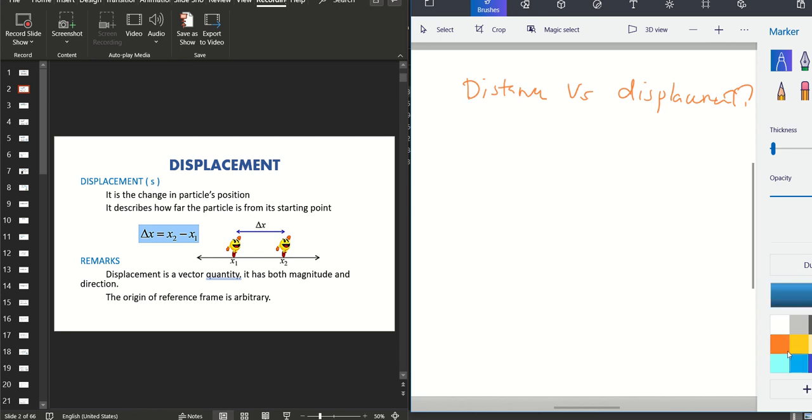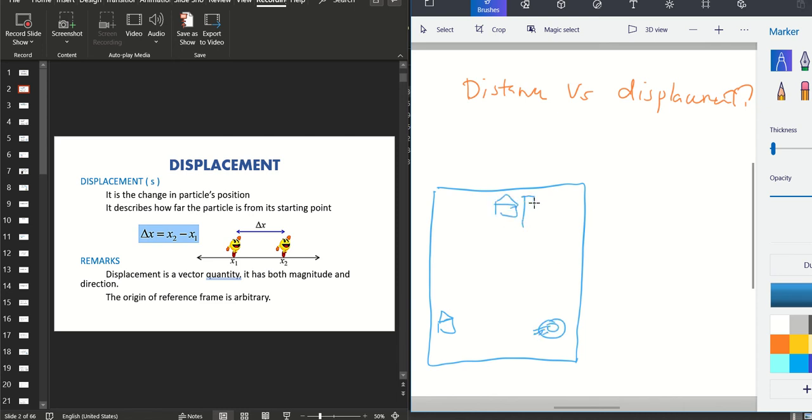Okay, so let's say that this is your house. And let's say this is a 2D plane, okay? It's a top view or aerial view. Let's say this is the park or the pool. And this is your school. Okay? That's the school.